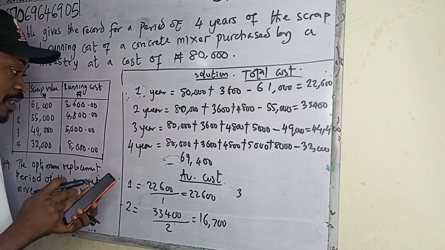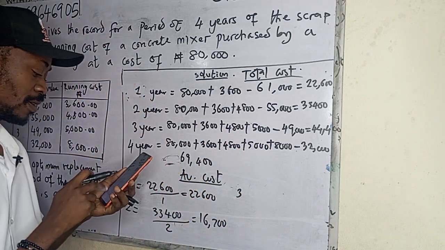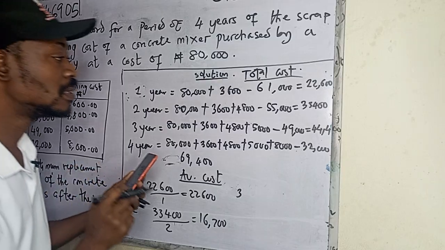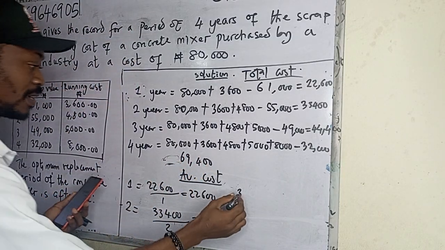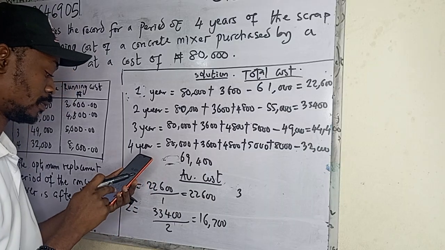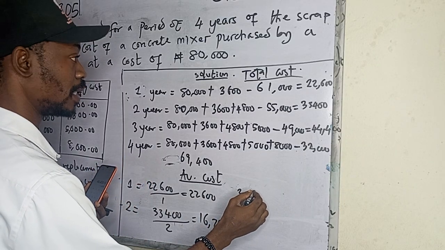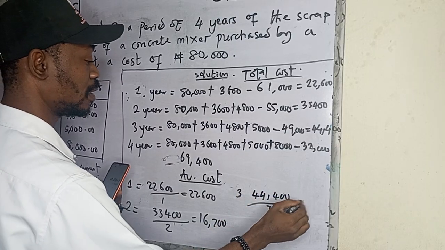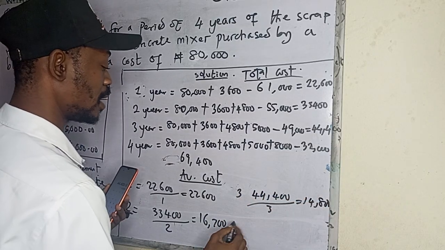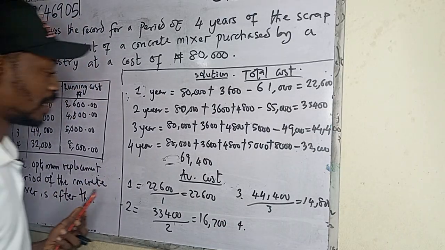Then for the third year, the total cost is 44,400, divided by 3, and that gives 14,800.